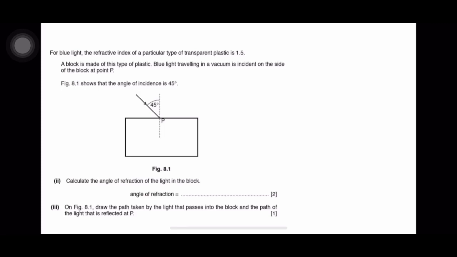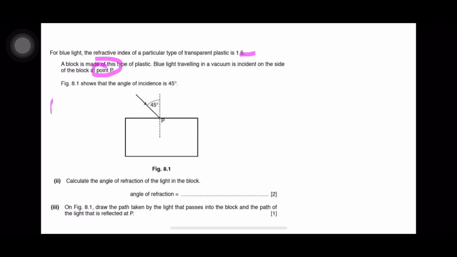For blue light, the refractive index of a particular type of transparent plastic is 1.5. So that's the refractive index. And a block is made of this type of plastic. Blue light traveling in a vacuum is incident on the side of the block at point P. So this is only blue light, which means that there's only one color.